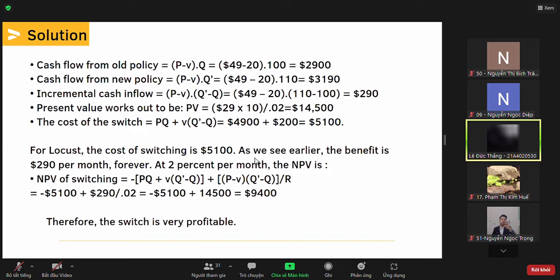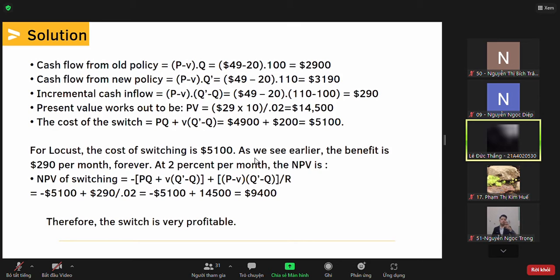First of all, we calculate the cash flow from the old policy. By the formula, it is $2,900. When we change the policy to net 30 days, the cash flow right now is $3,190. So the difference between the cash flow from the old policy and the new policy, the incremental cash inflow, is $290. So we discount it, and the present value works out to be $40,500.